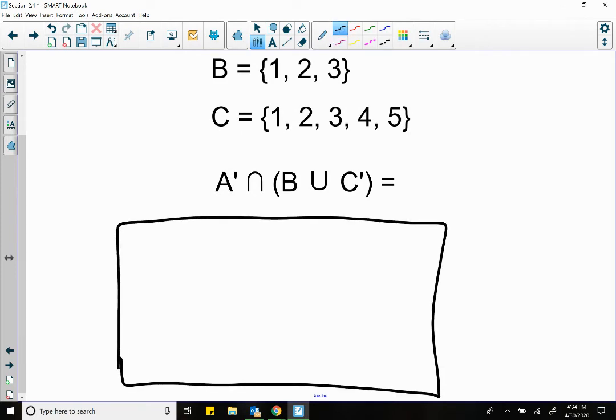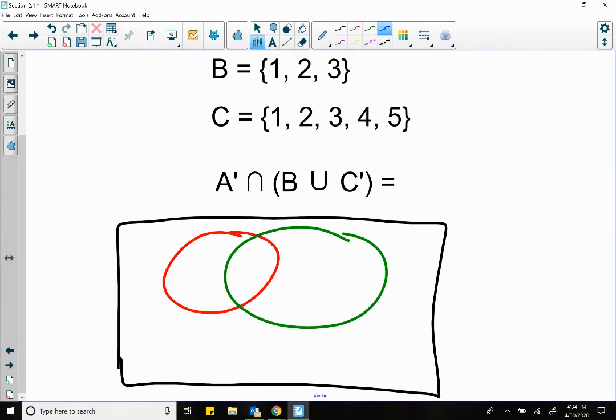All right. So we have a circle A, we have a circle B, and then we have our circle C. Out here is our union. All right, so again, we start right in the middle.